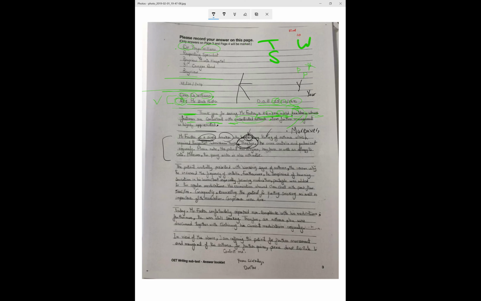No, try to add "additionally," "furthermore." After "additionally" you will put a comma and write a new sentence, or "furthermore," or "nevertheless," or "hence," or "in addition."